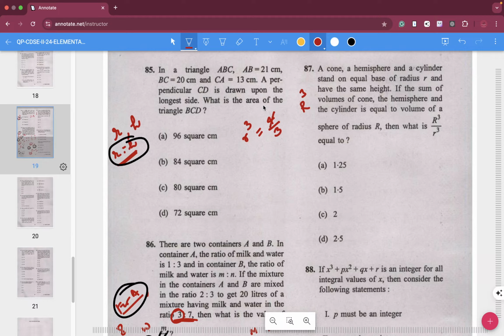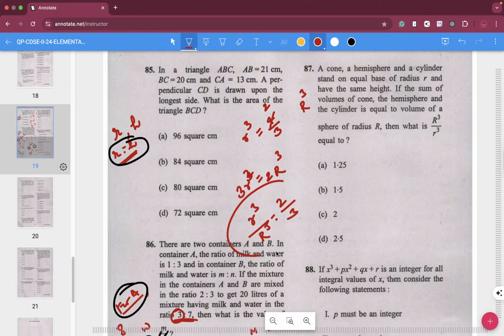So 3 times small r cube is equal to 2 times capital R cube, which means r cube divided by R cube is equal to 2 by 3.